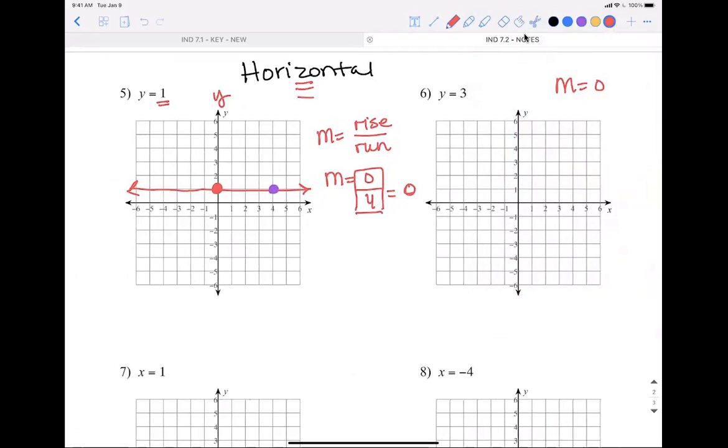The other one, my college algebra teacher showed me this and I just thought it was cool. If you write 2 horizontal lines, they make a Z. Stands for 0. That's just a way to remember that your horizontal lines are always going to have a 0 slope. You don't need this other example in your notes.